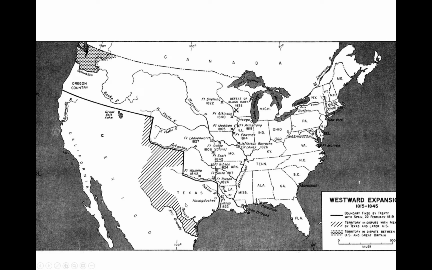In the 1820s, the Mexican government was putting incentives on settlers from the United States to cross the border and settle in Texas. That is, they were offering American settlers grants of land in return for settling and holding that territory for Mexico. And they were doing this because they were afraid the Americans would invade Texas and take it. And also, they were afraid of the Indians up here.